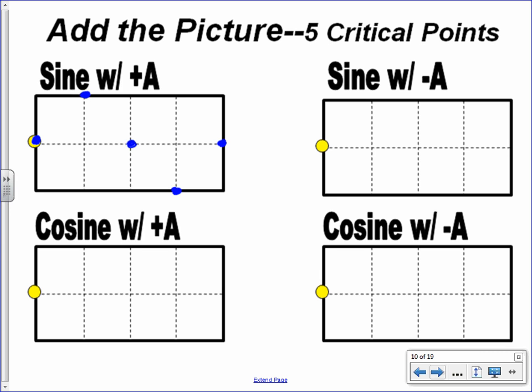Each one of these 5 points should be on an intersection of a dotted line, either with the frame or another dotted line. All right? And so then this is what makes our S shape.